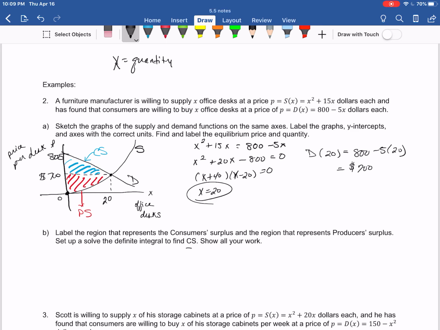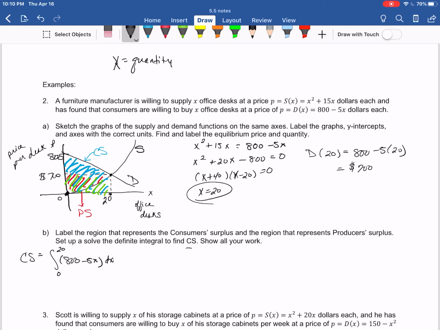So the blue area is found by finding the integral that is beneath the demand function all the way from 0 to 20. So here's the big picture that I'm trying to calculate. And from that, I am going to subtract this little green section there. See what's going on? And so the consumer surplus is going to use the integral first from 0 to 20 of the demand function, which was 800 minus 5x.